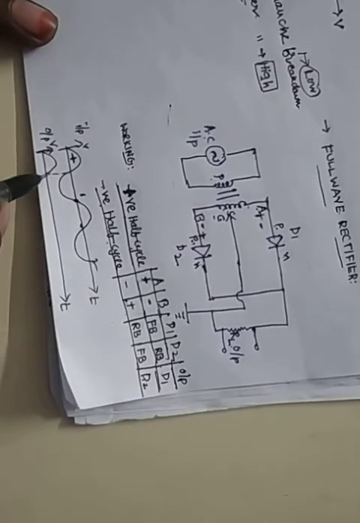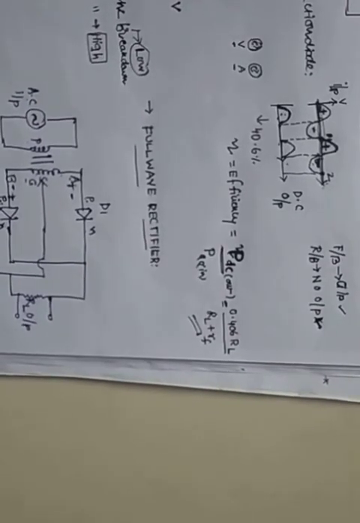Okay. Now, this output is represented like this. So what happens here? The output is coming like this. That's why the efficiency is double times the 40.6%.